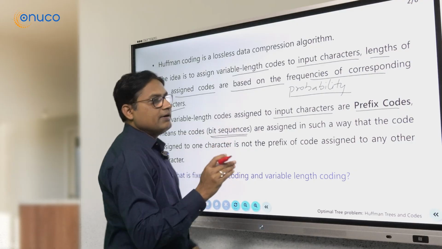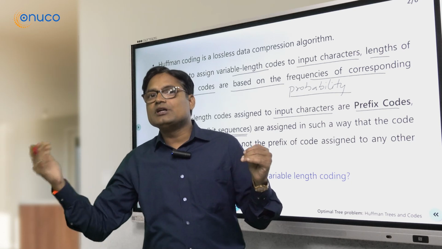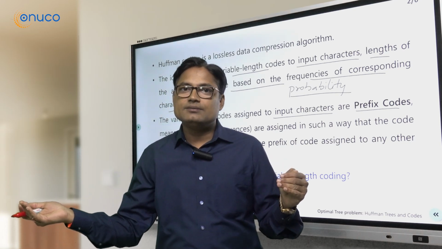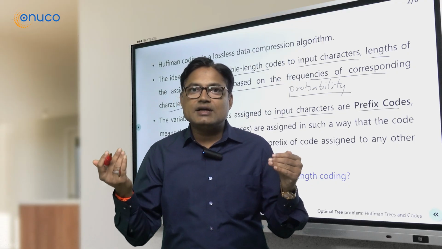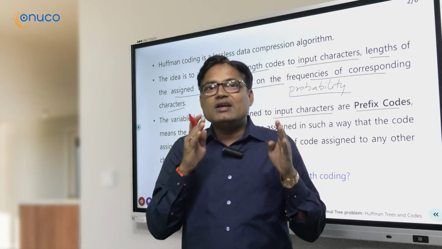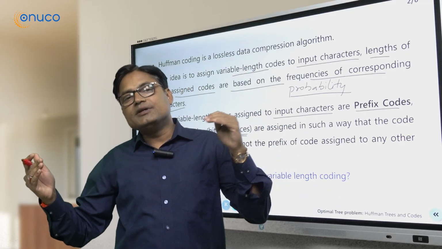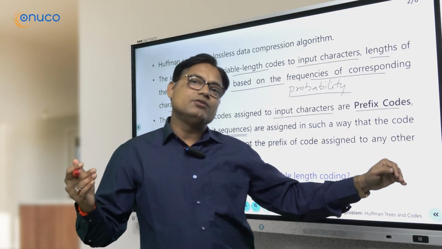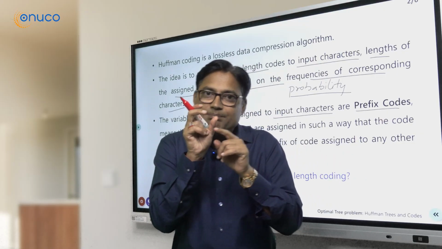Remember that A can be represented, encoded, in the form of 0 or 1. As you know, the computer understands the 0 1 form, binary bits. So all characters A, B, C must be written in binary form with the help of 0 or 1.